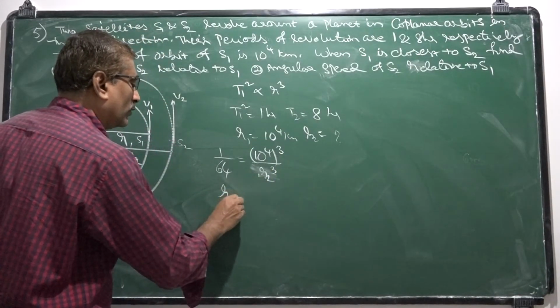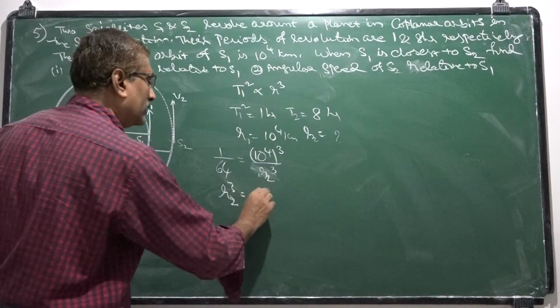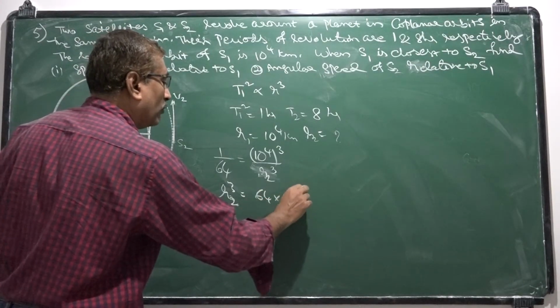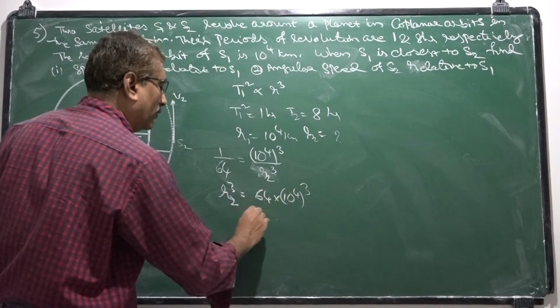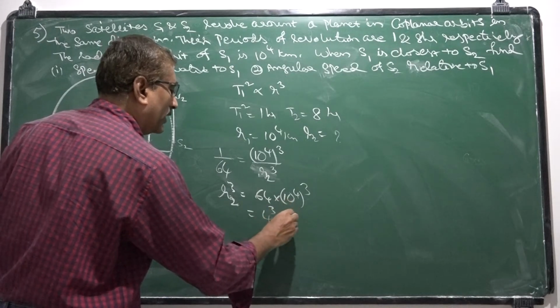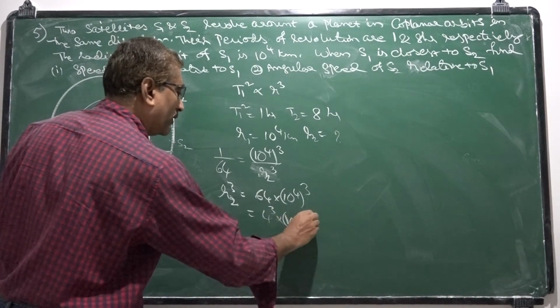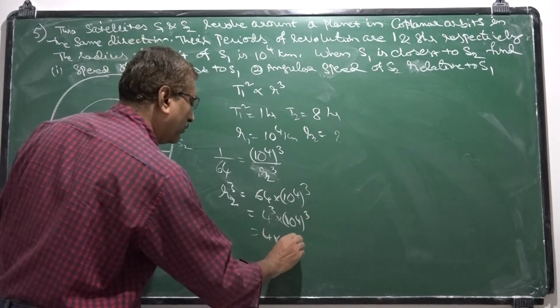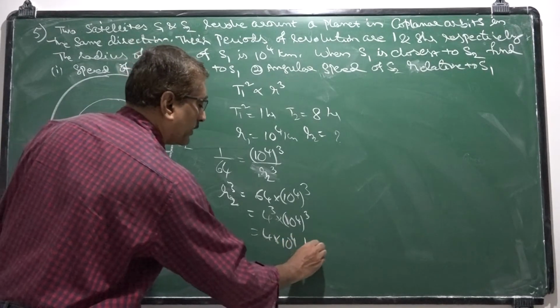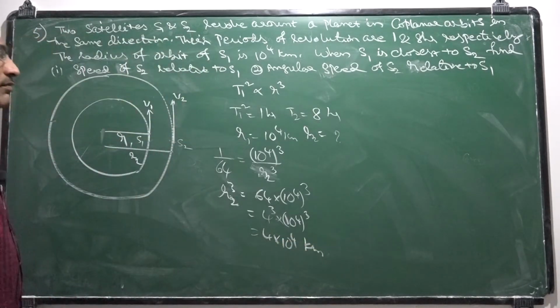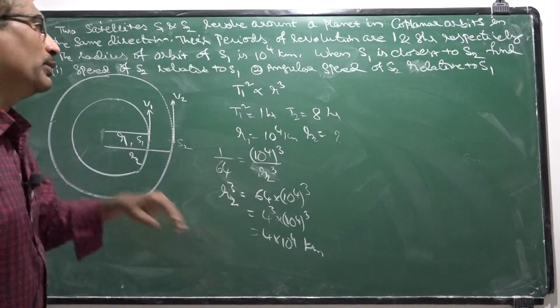So R2 cube is equal to 64 into 10 power 4 whole cube. 64 is 4 cube, so that is 4 into 10 power 4 whole cube kilometer. So we get R1 and R2.